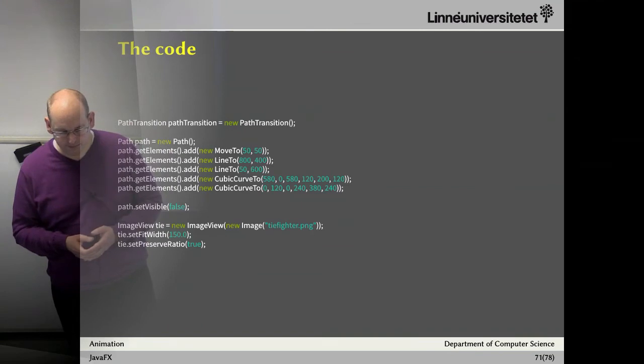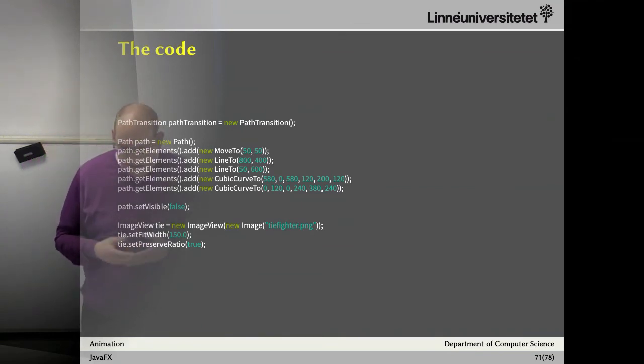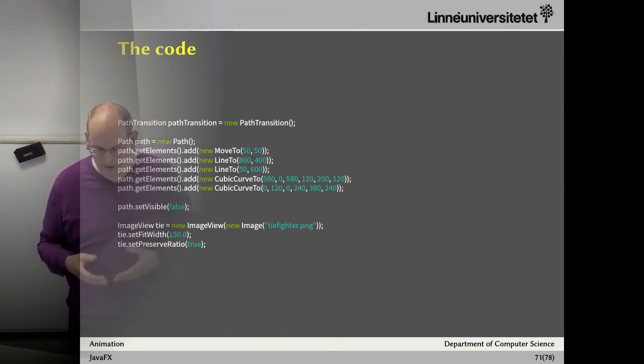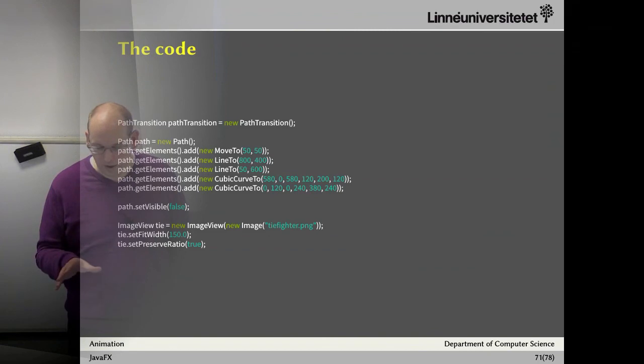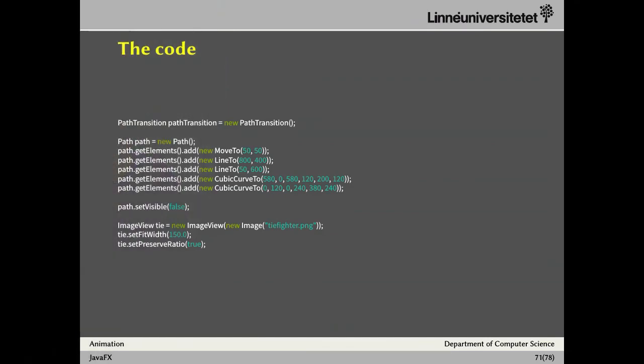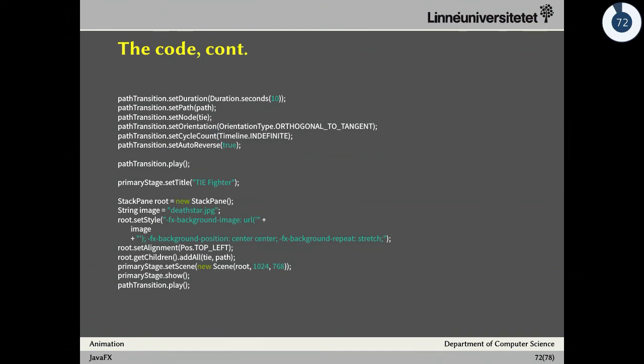Here is the idea. We create a path transition, and in order for that to work, we create a path object of type path, and to this one we add a number of points: move to, line to, cubic curve to, which will give us much smoother lines, and then we just add an image to this.